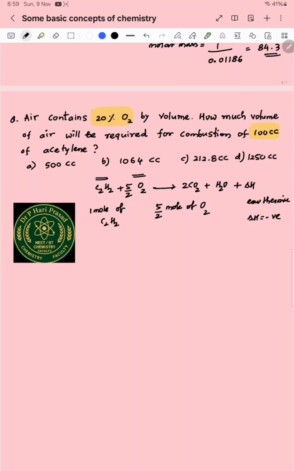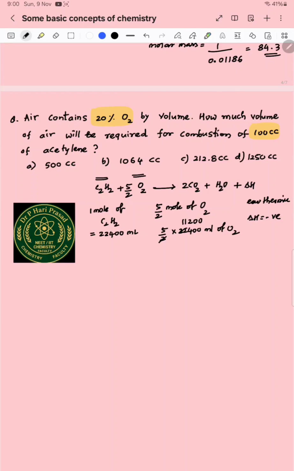We will leave that. Right. Now 1 mole means 22,400 ml, because the question is asking in terms of ml only. So that will combine with 5 by 2 into 22,400 ml of O2. Simplifying this, 22,400 divided by 2 becomes 200 ml of O2. Right.